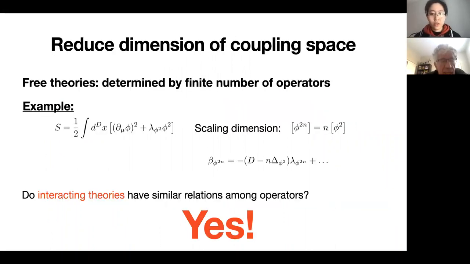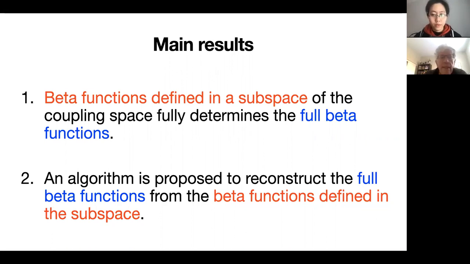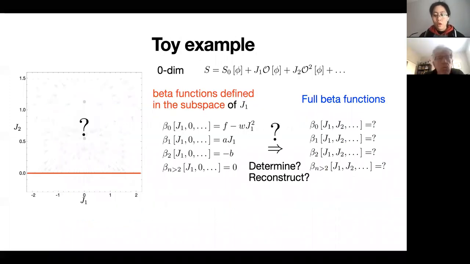So for free theory, I think we know. Well, let me explain them through a very simple toy example. So in order to explain the terms in red and blue. Okay, suppose we have a zero dimension or ultra local theory.